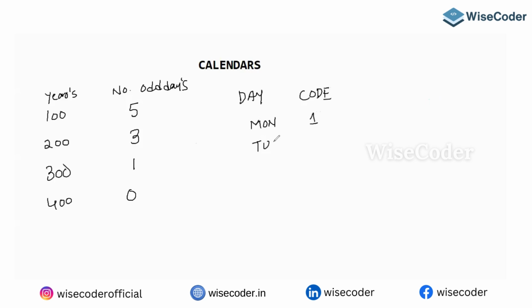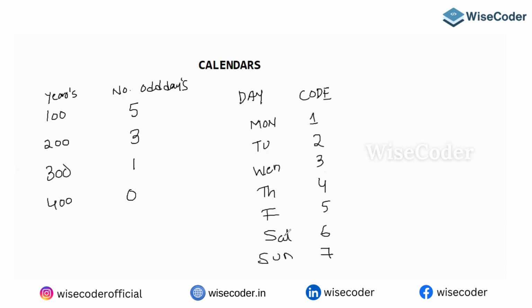Tuesday is 2. Wednesday is 3. Next, Thursday is going to be 4. When you are getting 5 odd days, that day is Friday. When you are getting 6, that day is Saturday.